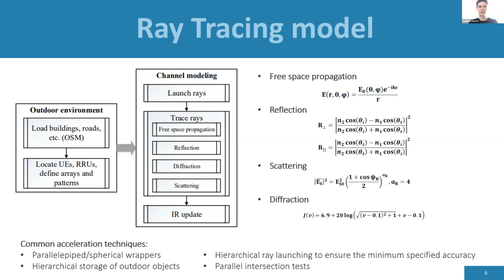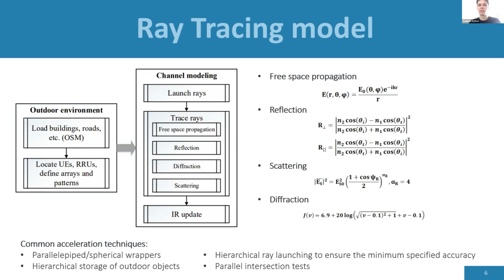It's based basically on four patterns of ray propagation: free space propagation, then reflection, scattering, and diffraction. These are well-known techniques. I don't think it's important to disclose them here.